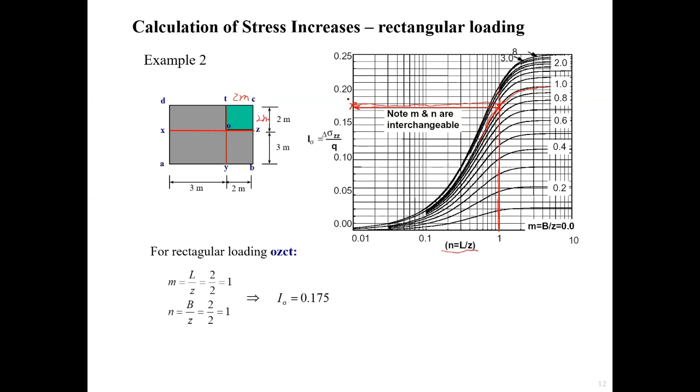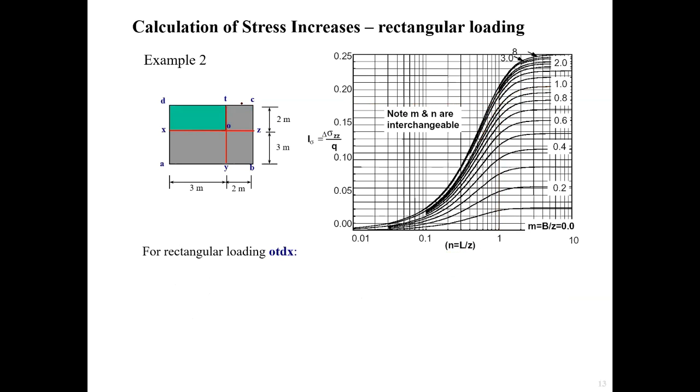That's how we pick up the value of the influence coefficient. I sigma times Q gives us sigma ZZ. So 0.175 times 100, which is given in the question. So the stress increase for this rectangular area, OZCT, is 17.5 kPa. That's the first rectangle.